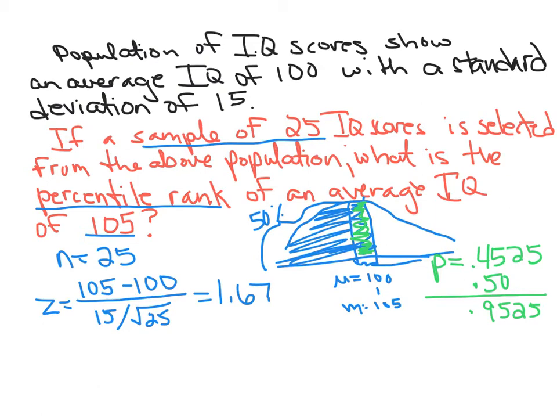You could actually look up this area right here, this tail area at 1.67, which is 0.0475. So this area is p equals 0.0475. You could actually subtract that from 1, which would be 100%, right?